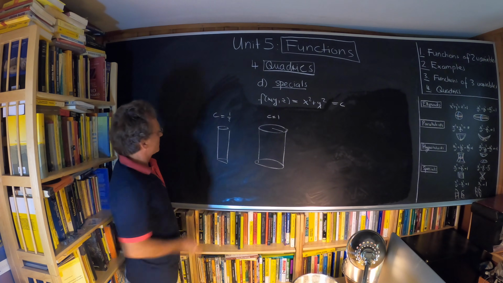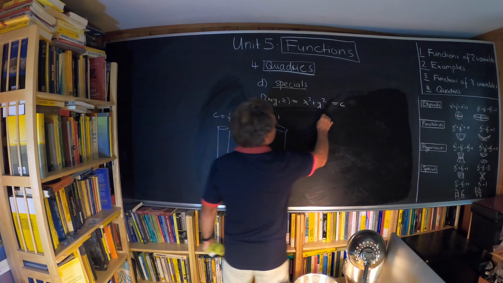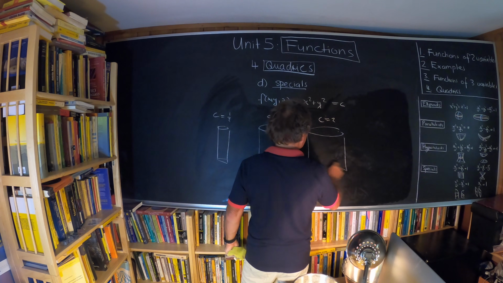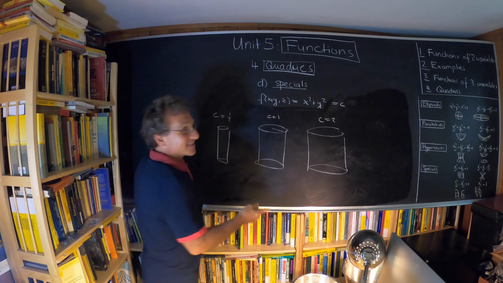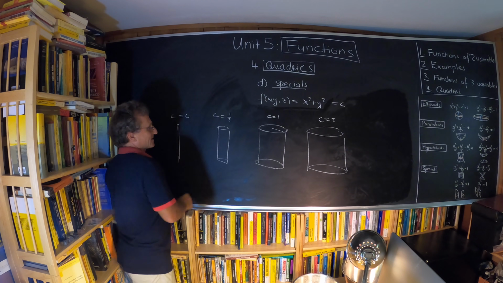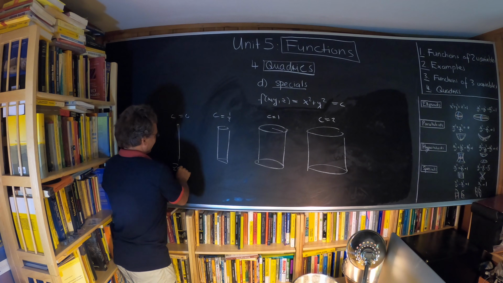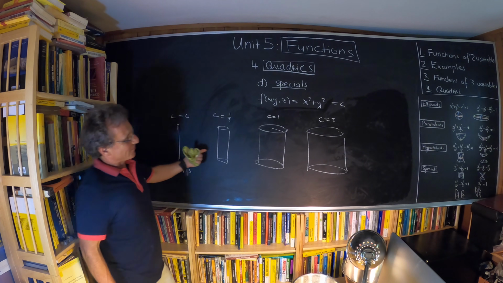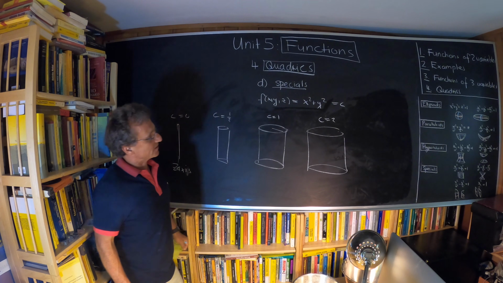And so when c is equal to 2, then the radius has grown. c is equal to 0 is an interesting case, kind of a limiting case, when we have actually just a z-axis. So these are also very important surfaces.